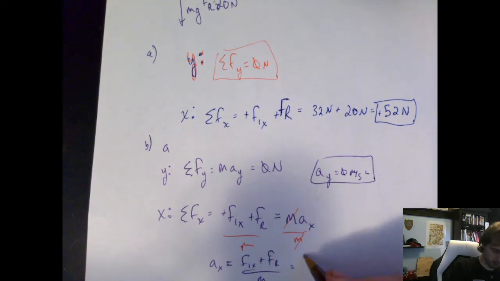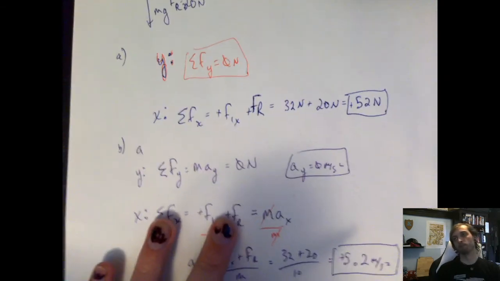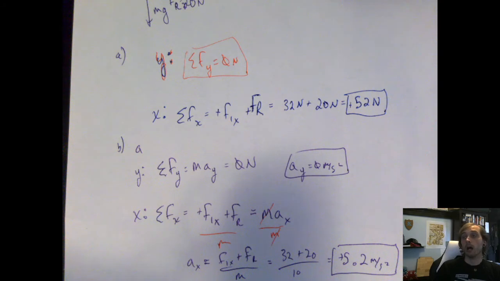And that'll be 32 plus 20 divided by, I don't remember, 10. Which gives us 5.2 meters per second squared, positive direction, as our acceleration. And that's it. Then we just have to do part C.